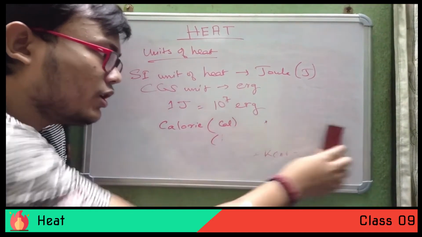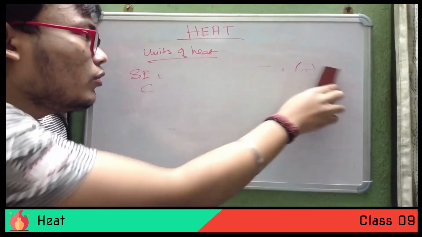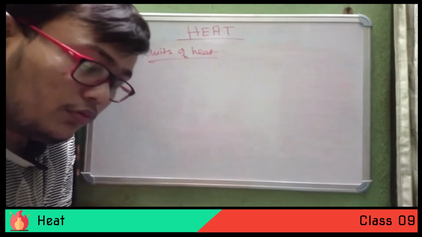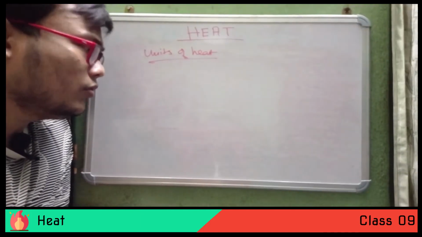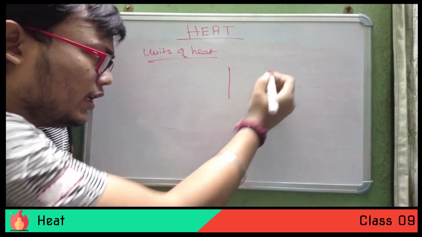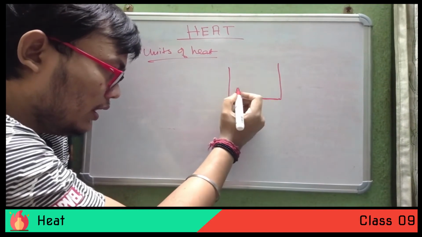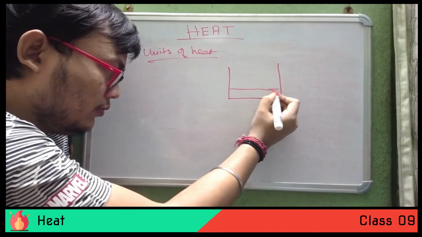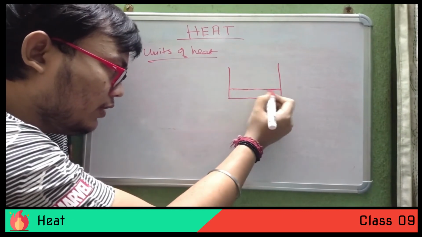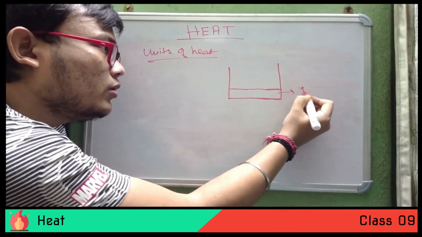Now what do we mean by a calorie? This is a very important part. Often questions are asked: what do you mean by 1 calorie? I have taken a container here and filled it with 1 gram of water.